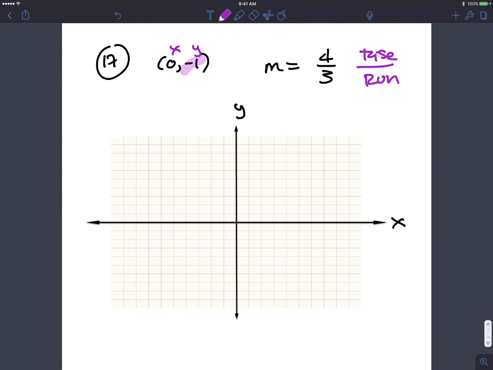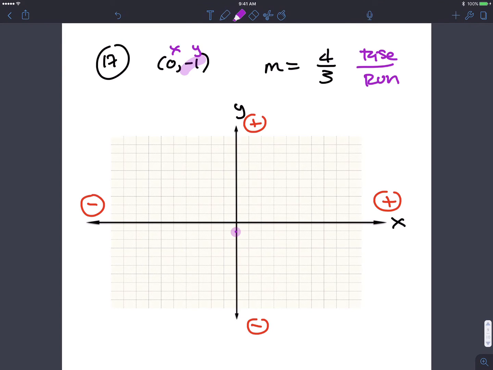The y-intercept is at 0, negative 1, so it's down 1 unit from the origin, because again, positive is up, negative is down, right and left. So we're going down 1 unit from the origin for the y-intercept.